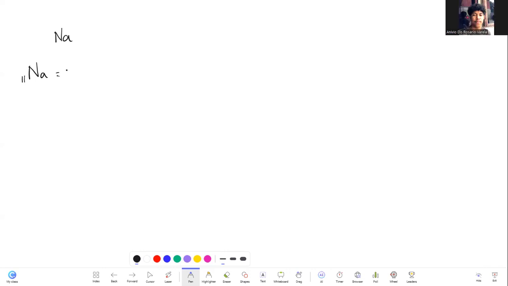And the electron configuration is 1s2, 2s2, 2p6, and then 3s1, correct? So our valence electrons is this. Sodium has a valence electron of 1, right? Now, is sodium a cation or an anion?